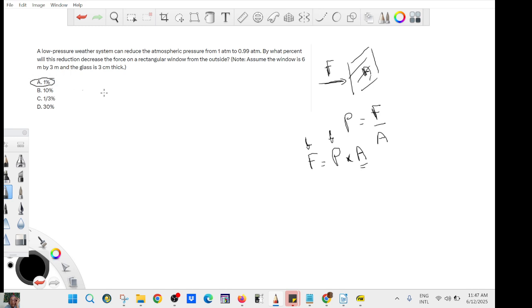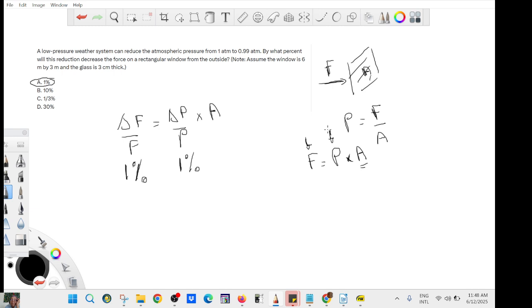To see that, delta F over F equals delta P over P times the area. If this changes by 1%, the relative change will also be 1%. So A will be the answer.